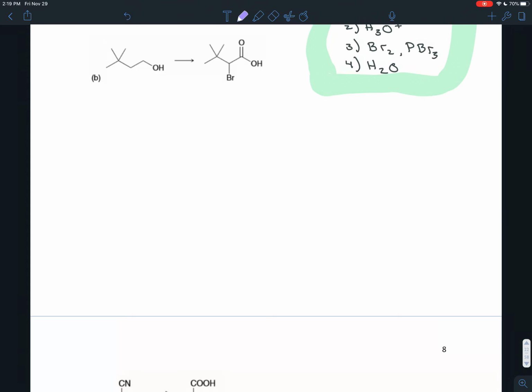So you may look at that and say that is a signature for the Hell-Volhard-Zelinsky reaction. If I just had the carboxylic acid, everything else exactly the same, then I could treat it with molecular bromine and phosphorus tribromide, followed in a separate step by water, and that would put this bromine on the alpha carbon of a carboxylic acid.